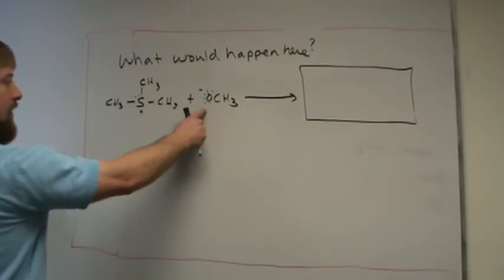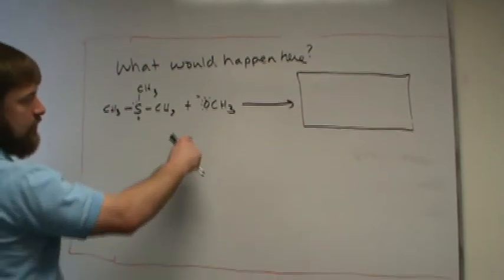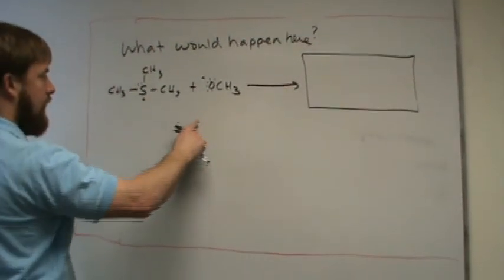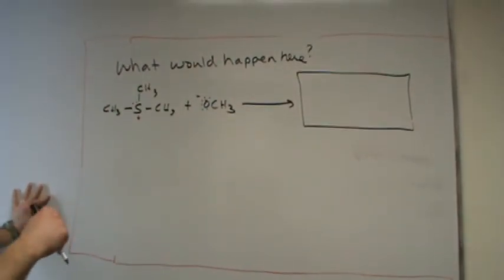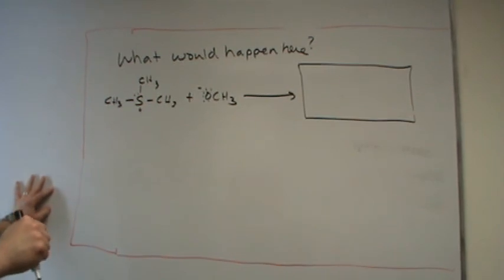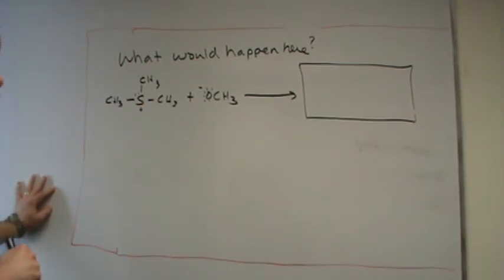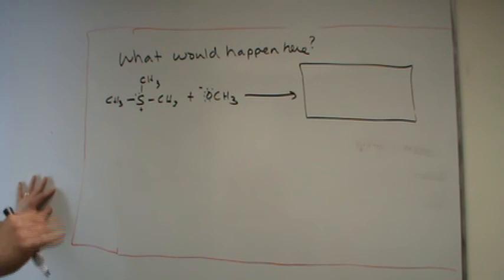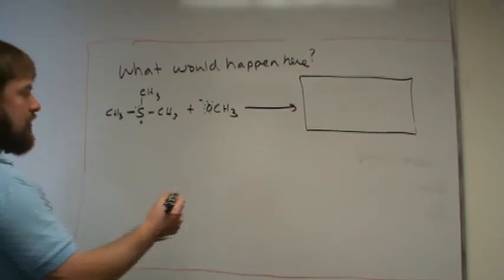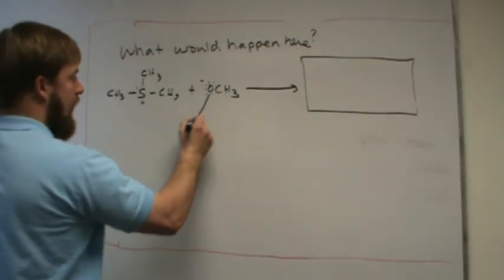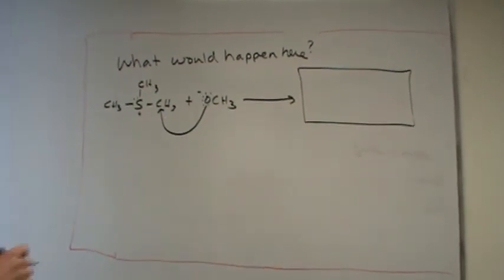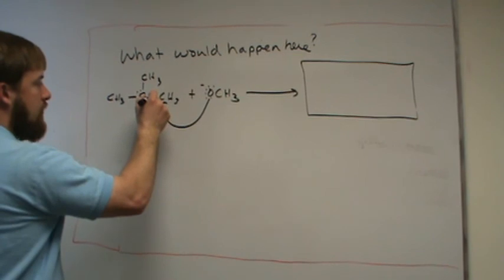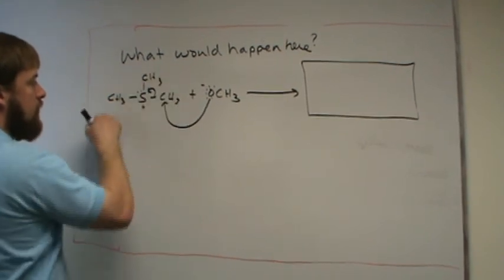So if I did that, under traditional SN2 reactions, nucleophile attacks electrophile, what would my leaving group be? It would be CH3 minus, a methyl anion, which is very reactive. It's not a leaving group at all. So instead, what happens is the oxygen will attack a carbon and form an oxygen-carbon bond, causing this entire species here to be my leaving group.